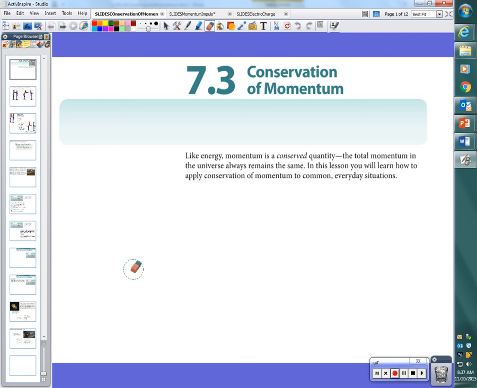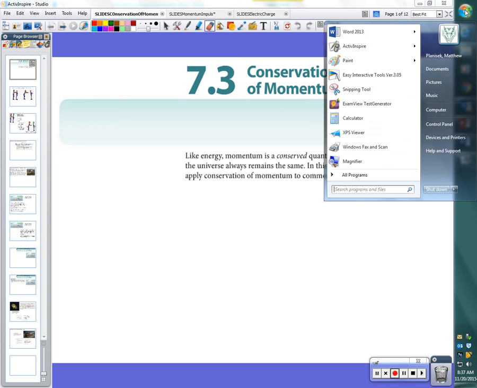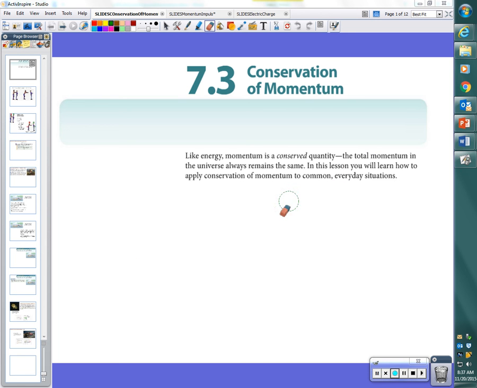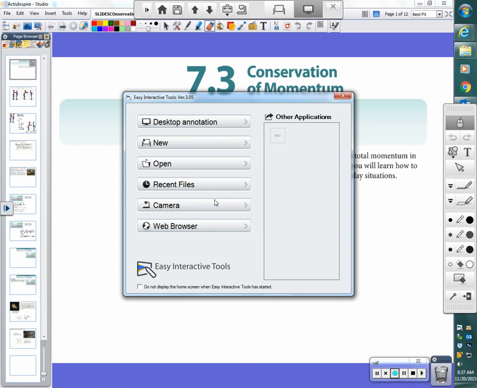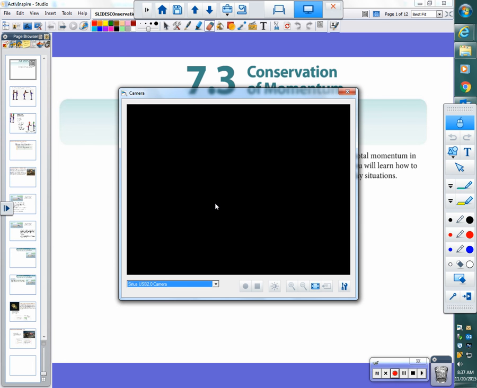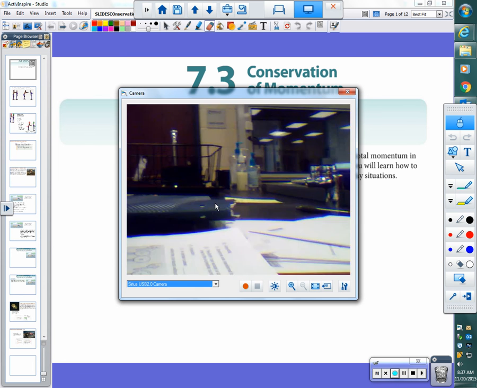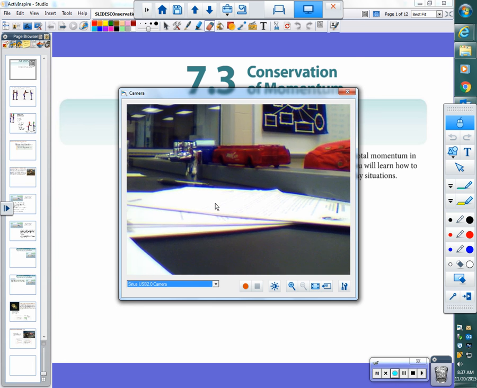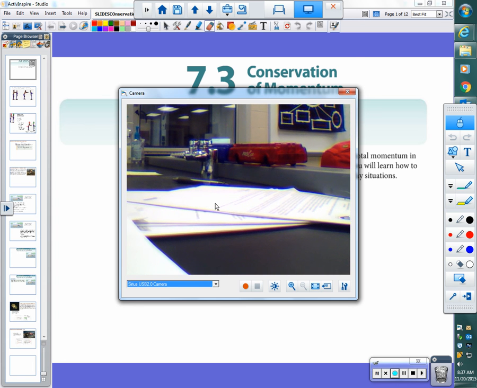Is that better? Wait, am I blocking people? I want to make sure people don't miss this. The cord's not long enough, so let me try this.